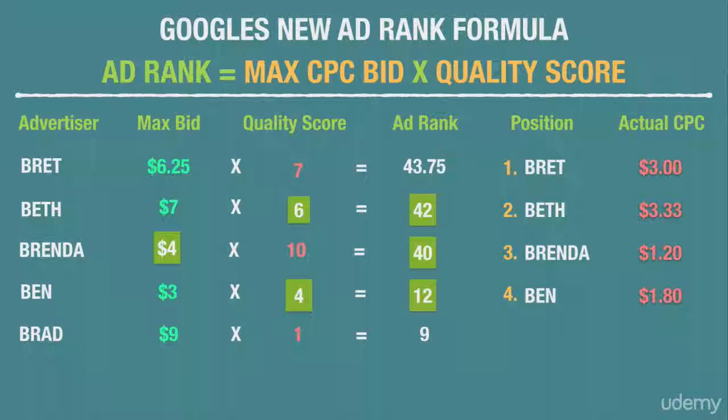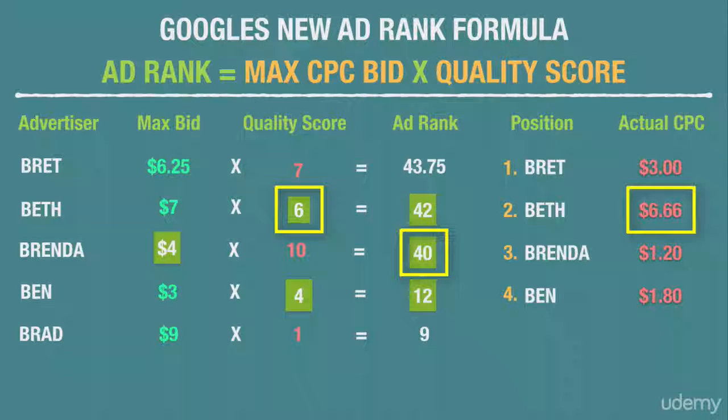But did anything else happen to any of the other advertisers? Yes. Beth could no longer just pay $3.33 to beat Brenda. Now, if we divide Brenda's new ad rank, which is 40, by Beth's quality score, which is 6, Beth's actual CPC jumps way back up to $6.66.